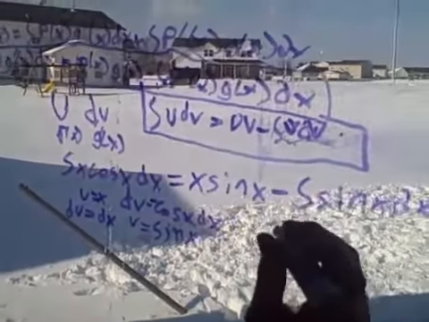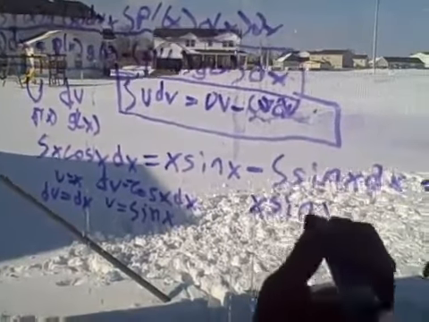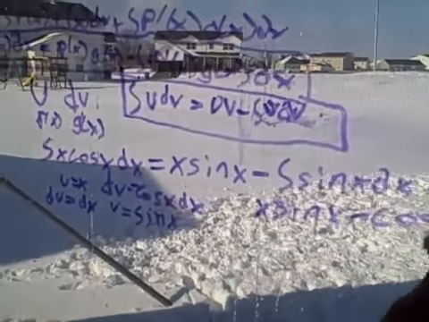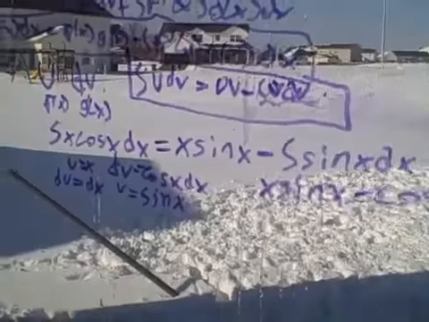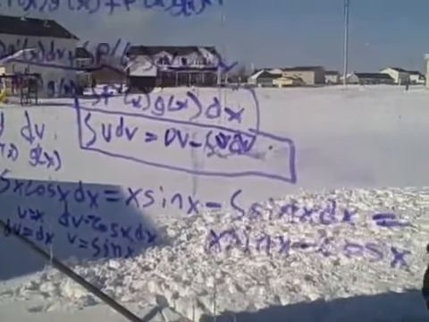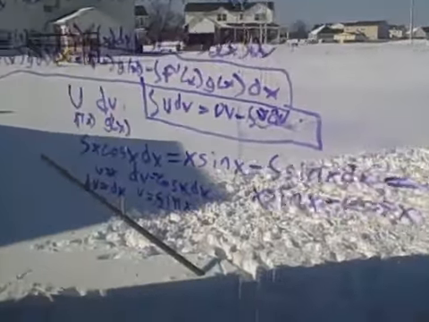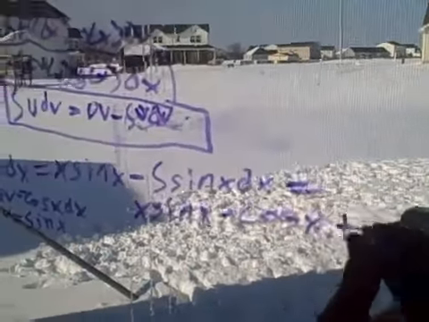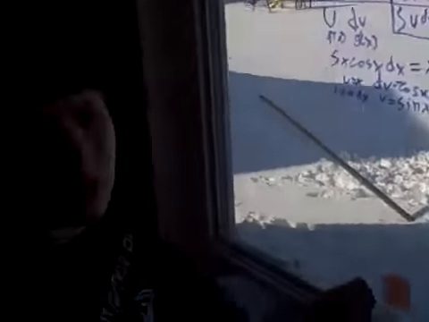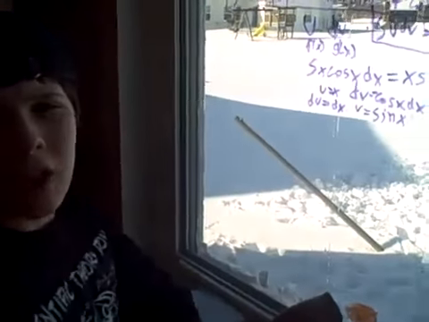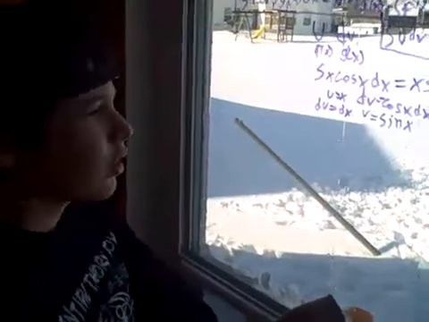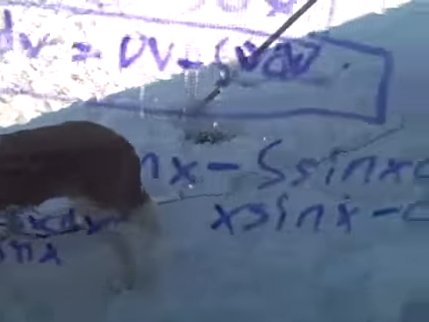This ends up being x sine x plus cosine x. Let me just check my work. I used an example from the book. Yep, that's it. And then we also have plus constant of integration. So that's how we would solve an integral like that. Okay, so are you seeing how to do this?